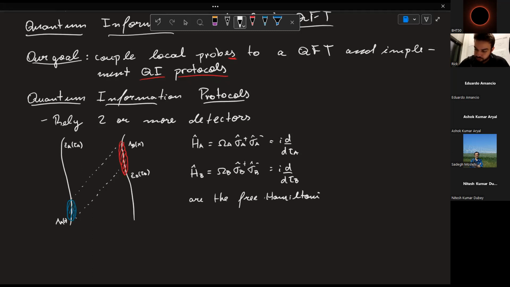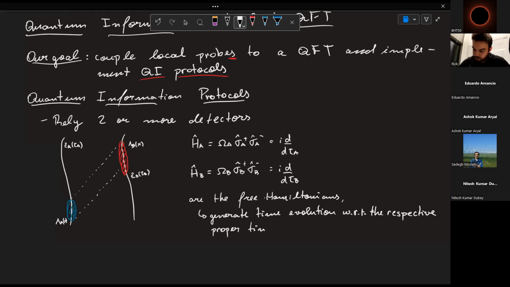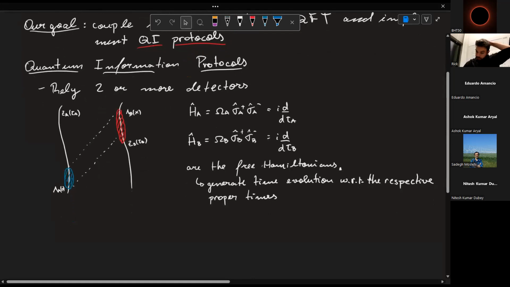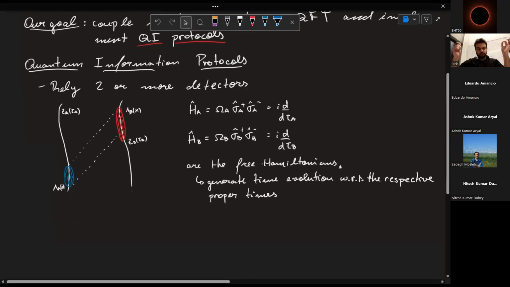Free Hamiltonians, and they generate time evolution with respect to the respective proper times. This is important because each one of the qubits will be defined according to one trajectory.